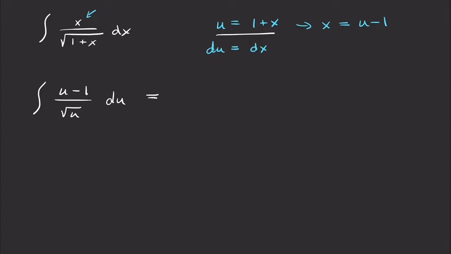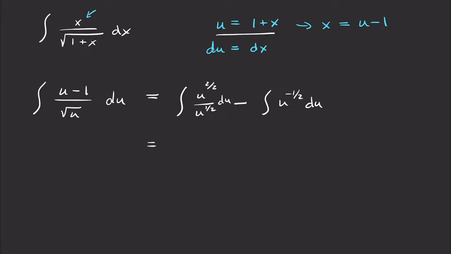So this is a fraction, so we can break it up into two pieces. So this is going to be u over the square root of u, so that's going to be u, we'll write it u to the 2 over 2, so that's just u to the 1st power, divided by u to the 1/2, and minus the integral of u to the minus 1/2 du, and I forgot my du over here.